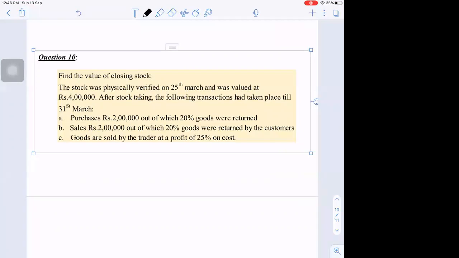The stock was physically verified on 25th March and was valued at rupees 4 lakh. After stock taking, the following transactions have taken place till 31st March. Purchases rupees 2 lakh, out of which 20% goods were returned. Sales rupees 2 lakh, out of which 20% goods were returned by the customers. Goods are sold by the trader at a profit of 25% on cost.